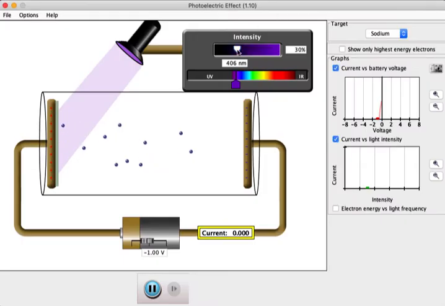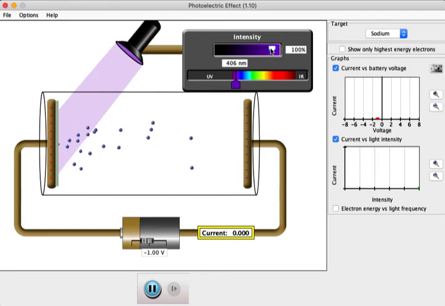And yet, here is the thing that happens. You increase the intensity from 30 to 40 to 50 to 60 to 70 to 80 to 90. It doesn't matter how intense you make this light. You can double it, you can triple it. There is a certain voltage above which no electrons will ever cross this boundary. Your current will always be zero.